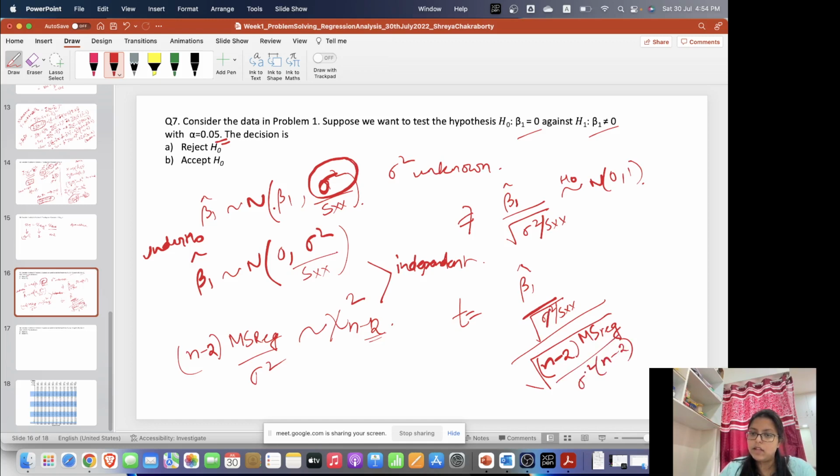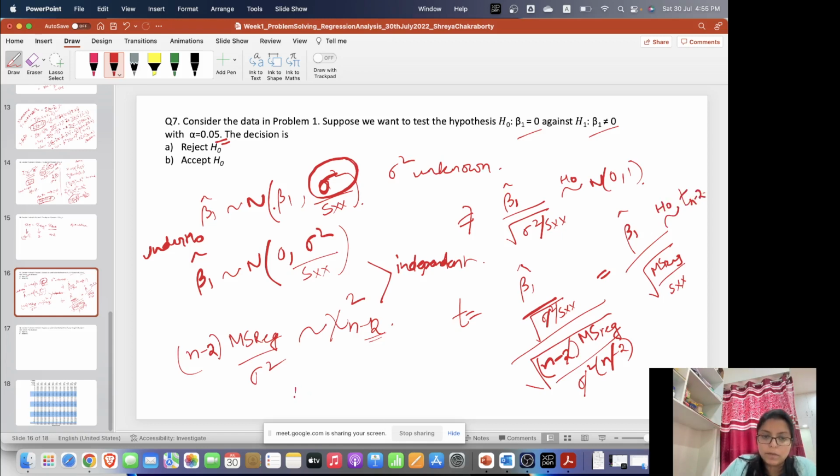So this one and this one will cancel, this one and this one will also cancel. So our t statistic is beta 1 hat by root over ms by Sxx, which under H naught follows a t n minus 2 distribution.